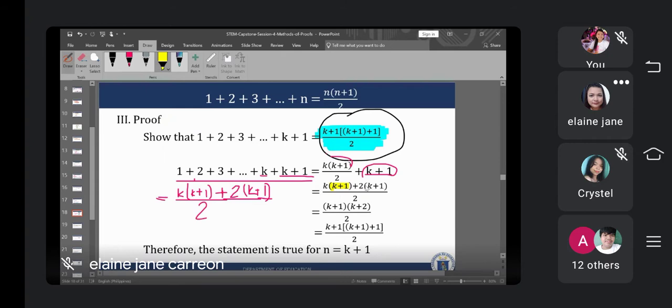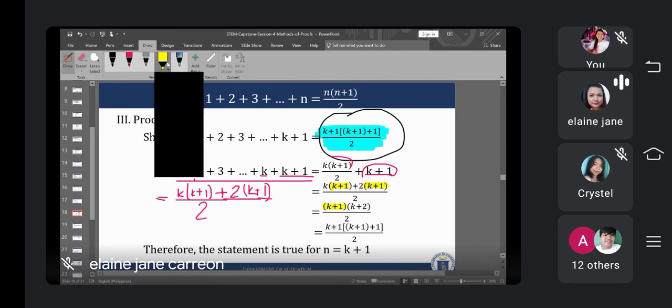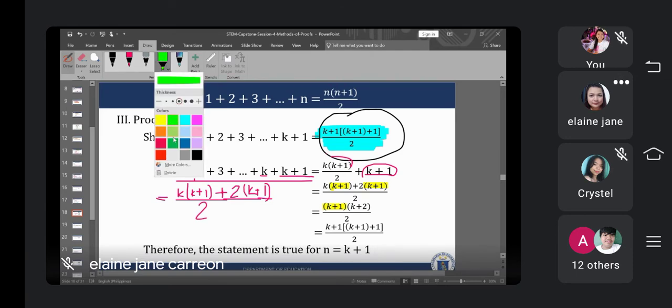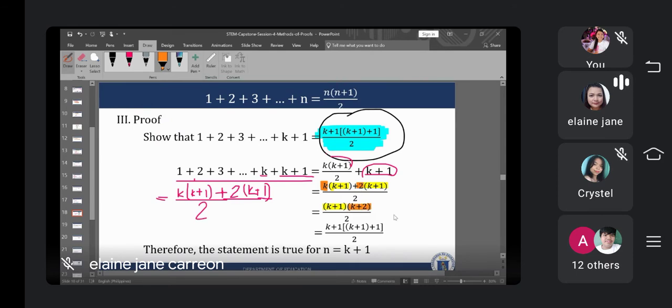Eto. Okay? So, i-factor out natin siya. So, magiging isa na lang siya, gaya ng ginawa natin sa 2 kanina. So, k plus 1, ano natira? Siyempre, si k at si 2. So, gagawin natin silang isang binomial. Si k at si 2 na lang. Eto siya. Okay, I hope you understand that.